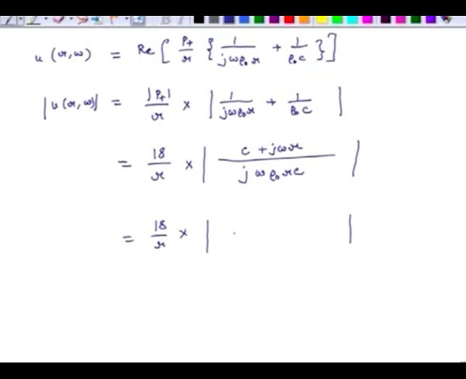So, what I am doing here is simplifying this term. I take omega rho naught r c out of these vertical brackets. So, I get omega rho naught r c, and inside these vertical brackets I get c over j plus omega r.